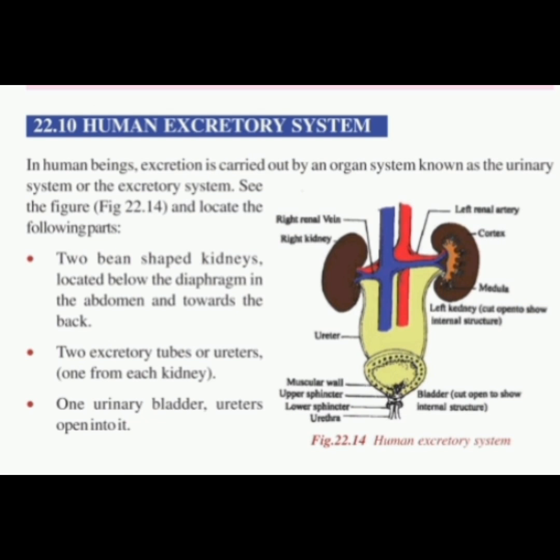Then we can see the muscular walls, the upper sphincter, the lower sphincter, then the urethra, which is the opening part of our urinary system. Then the bladder. If you cut the bladder, it will be shown like this. Here our urine will be formed.